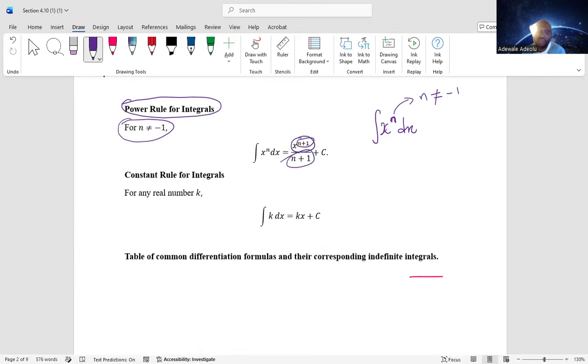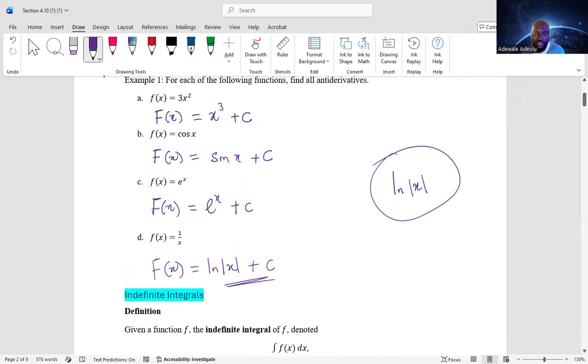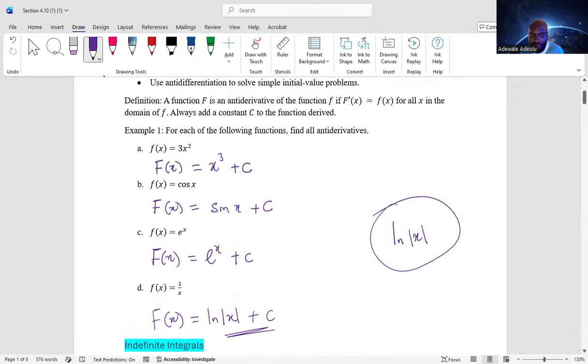Let us quickly go back to this function here. This is an example. I asked you the other time to give me a function such that when I take its derivative, it is going to give me 3x squared.